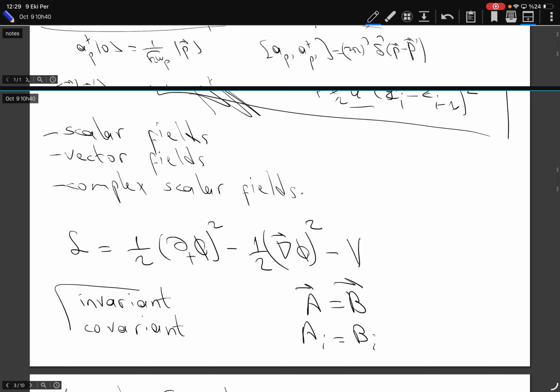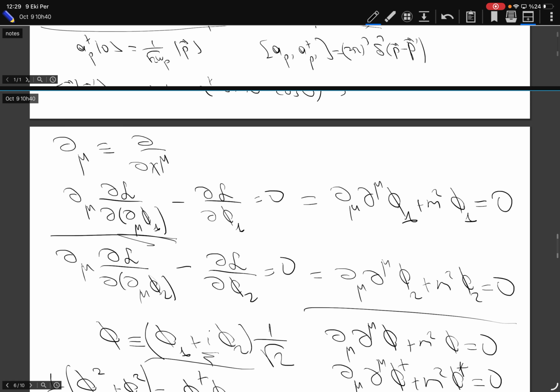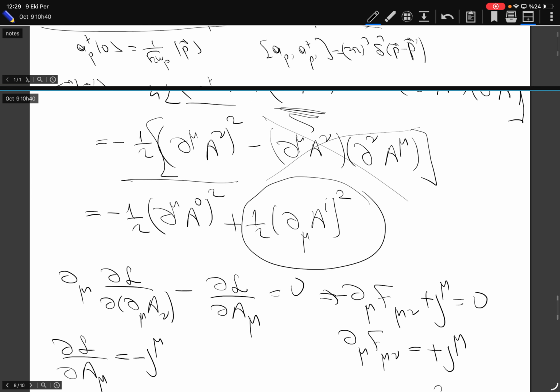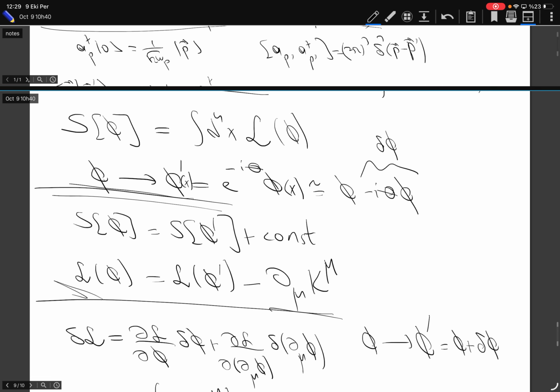Not only Lorentz symmetry, it has Poincare symmetry, including the translations. So there should be corresponding conserved quantities, which will be the momentum and the energy of the system, and the angular momentum of the system. But this Noether's theorem is quite general. It says that if there is a transformation which changes your Lagrangian by at most a total derivative, then there is a symmetry and there is a conserved quantity.